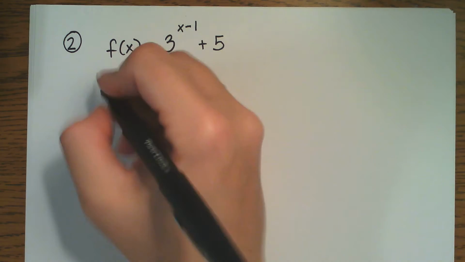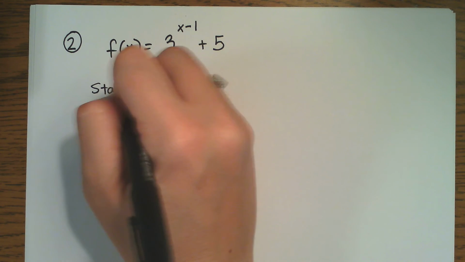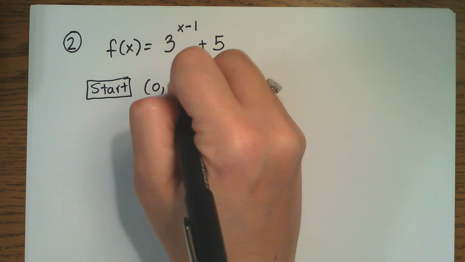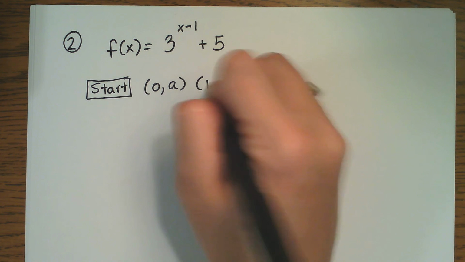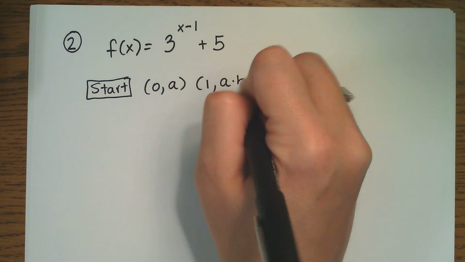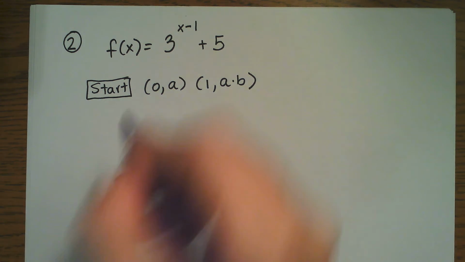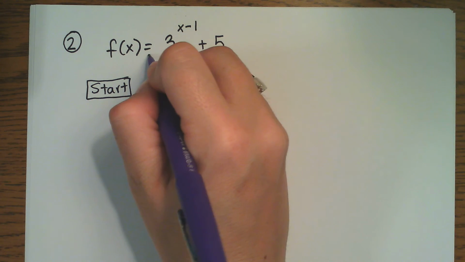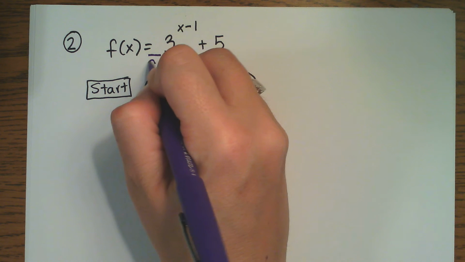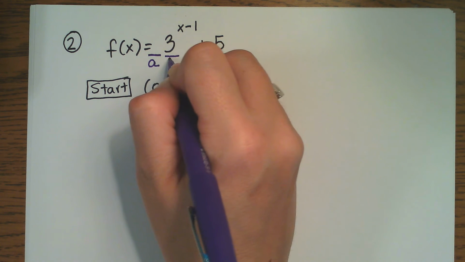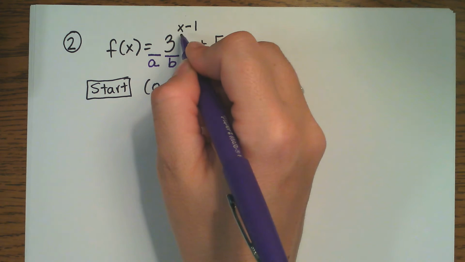Okay, so for this start, we use 0, a and 1, a times b. So I chose this example specifically because I don't have an a value. I always have a b value because b is our base with x as the exponent.